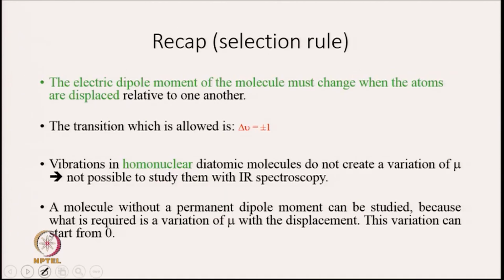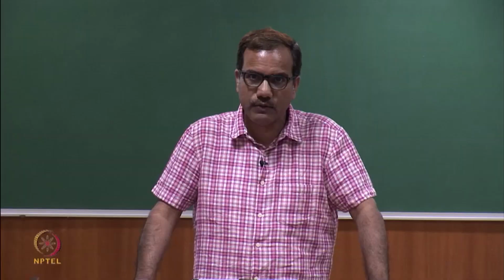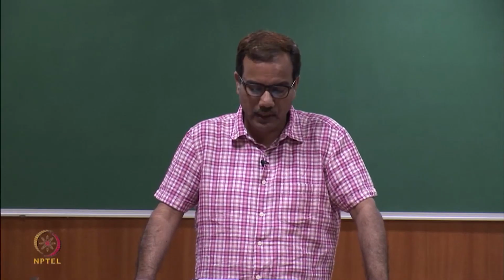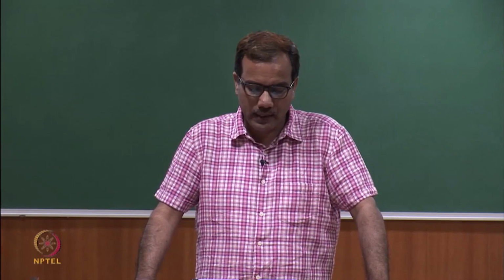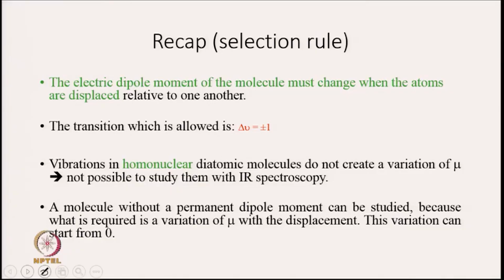We also discussed in the last lecture the selection rules for vibrational spectroscopy. There are two selection rules. One is known as the gross selection rule, which tells us that the electric dipole moment of the molecule must change when the atoms are displaced relative to one another. So during the vibration the electric dipole moment of the molecule must change, then only can it show vibrational spectroscopy.